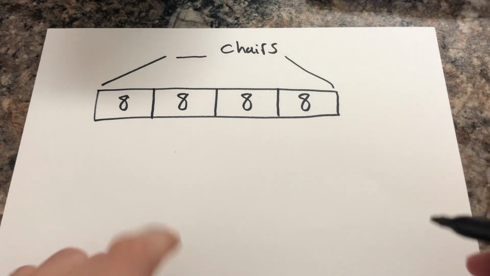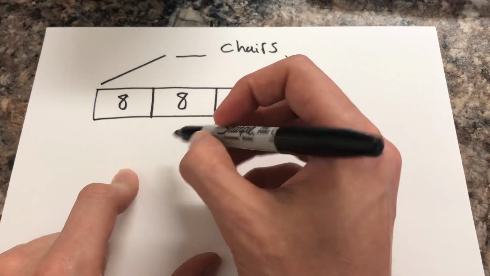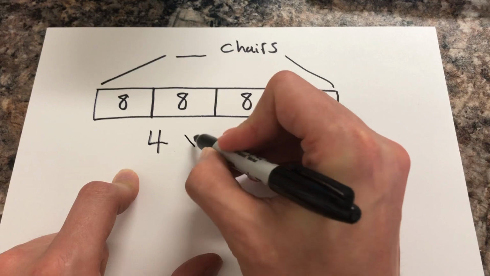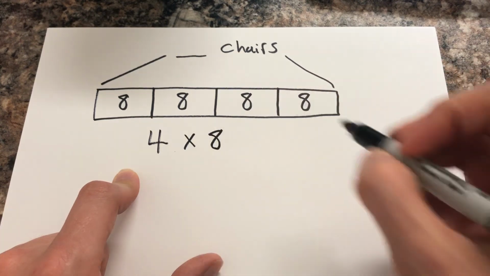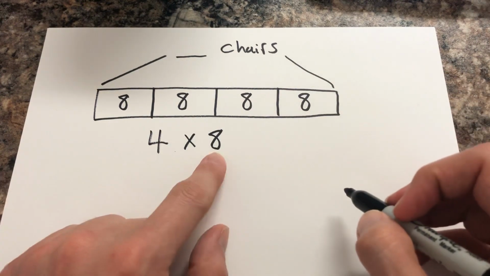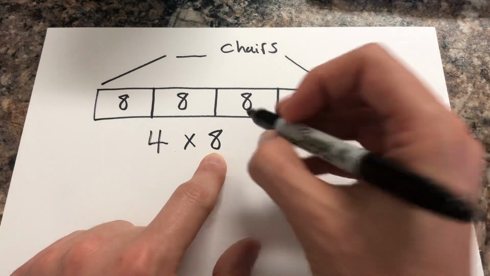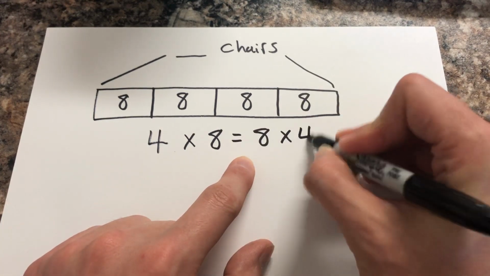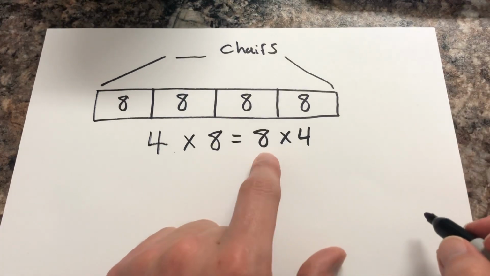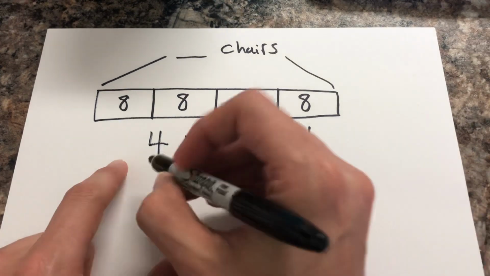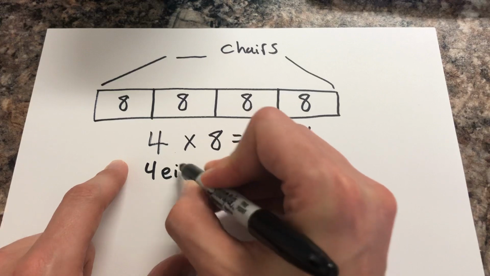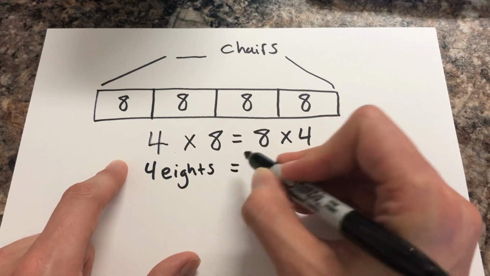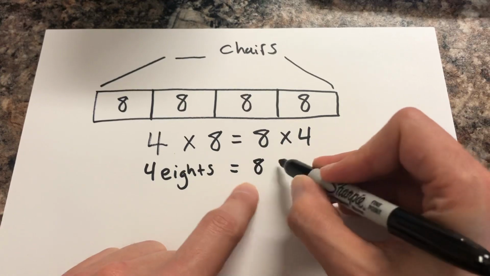Well, let's first write the multiplication sentence for this. 4 groups of 8. Well, this would be counting by 8s, but I can also count by 4s. And we would be counting by 4, because this says 4 eighths. This is going to say 8 fours.